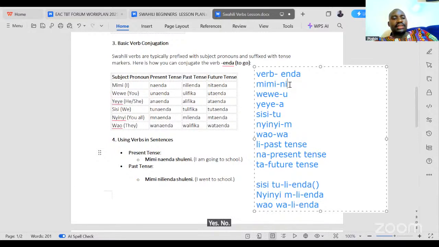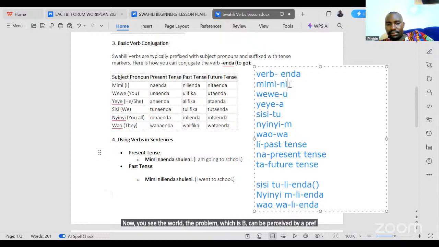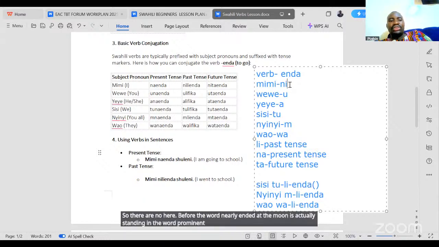Now you see, the pronoun mimi can be represented by a prefix ni. So the ni here, before nilienda, is actually standing in for the pronoun mimi. So it's not a must to say mimi nilienda. You can just say nilienda.